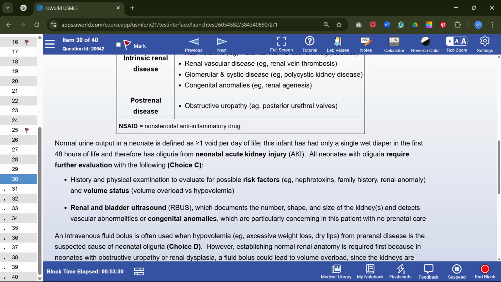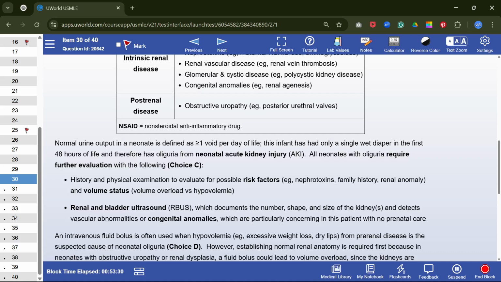Normal urine output in a neonate is defined as more than one wet diaper per day of life. The infant has only one single wet diaper in the first 24 hours of life, therefore, this is oliguria from neonatal acute kidney injury.